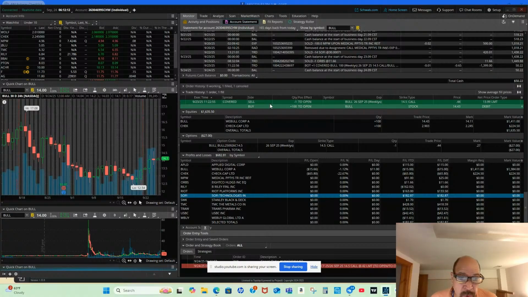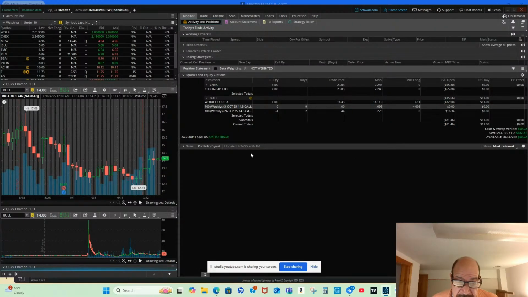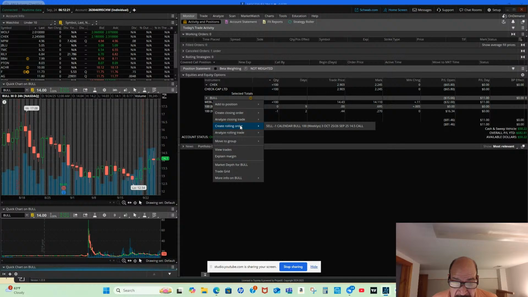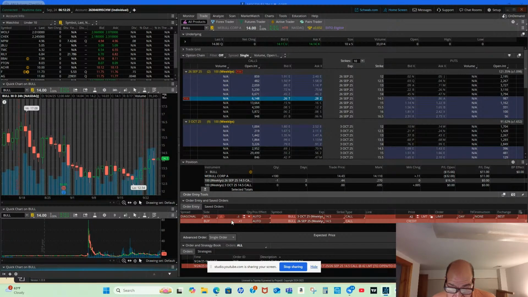Now I am going to roll that by coming over here where it says roll order. It sets me up an order to buy that one back. It's got a price now, but the price shifts, and some of these will not stand once the actual market is up, because these numbers constantly change when the market is in play.